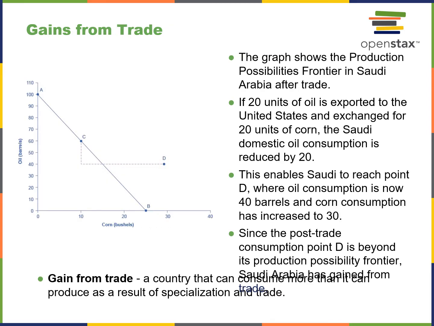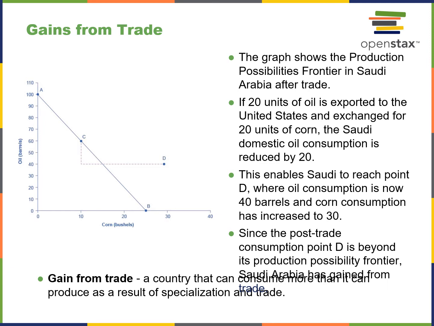Gains from trade. So this shows the PPF in Saudi Arabia after the trade. So if 20 units of oil are exported to the United States in exchange for 20 units of corn, the Saudi oil consumption is reduced by 20, but this enables Saudi Arabia to reach point D, where the corn consumption is now increased to 30 instead of the former 10 over here.